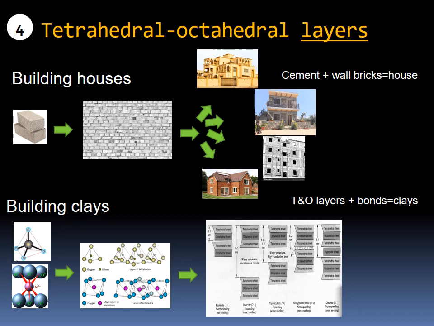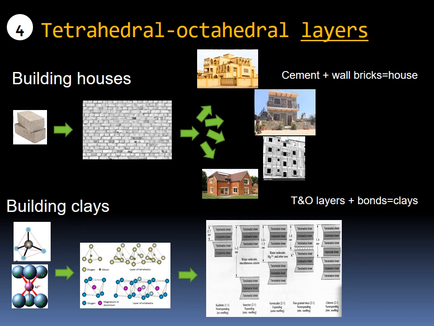So you have the tetrahedrons and the octahedrons, which are like the bricks. When you put the tetrahedrons together and octahedrons together, you are forming sheets. A tetrahedral sheet and an octahedral sheet.